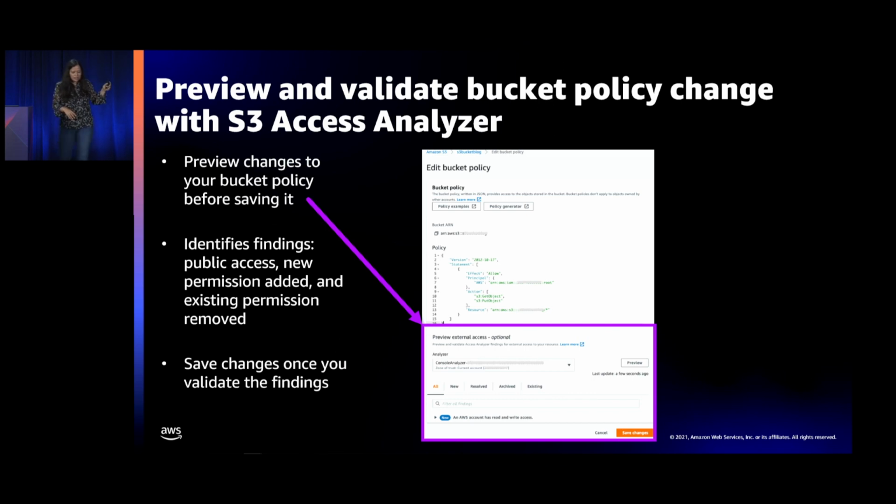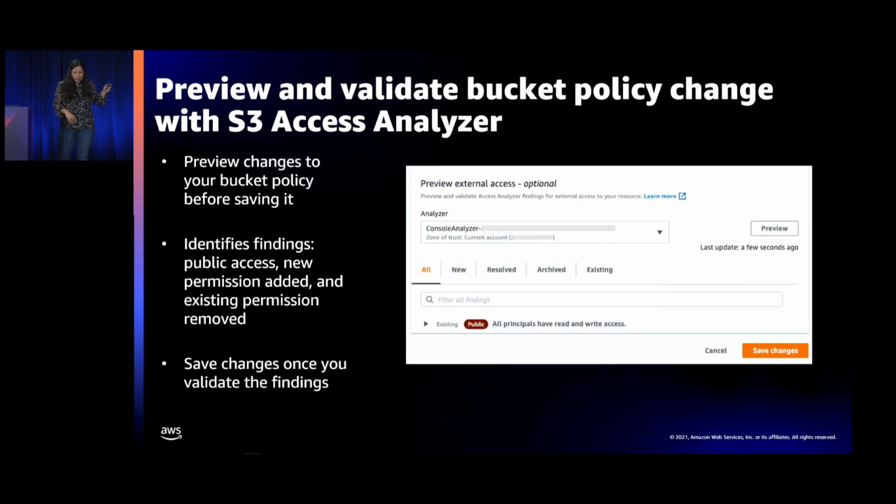So let's do a simple example. Let's say we have an S3 bucket with an existing policy that allows public access. If you preview access without updating the bucket policy, you can see there is an existing finding for public access.